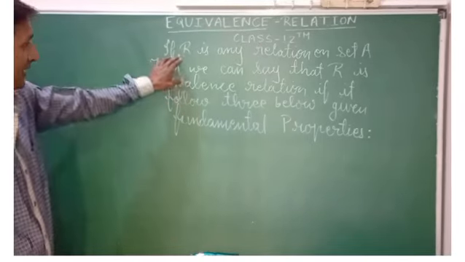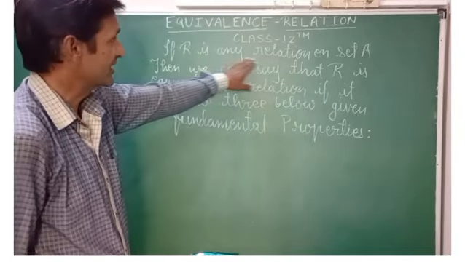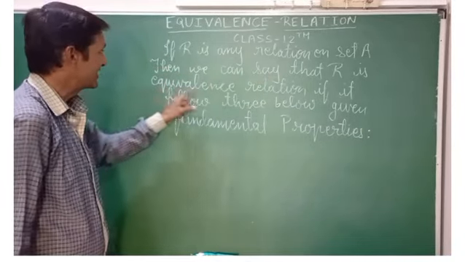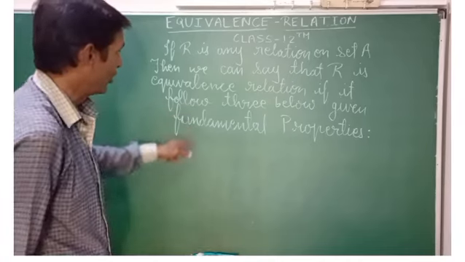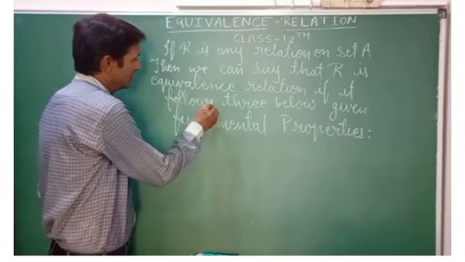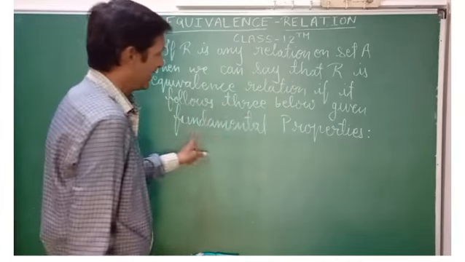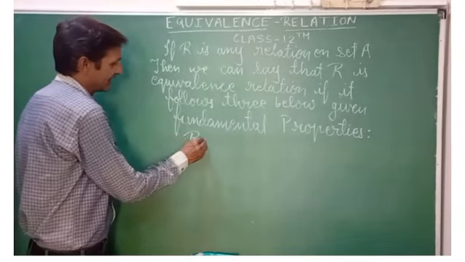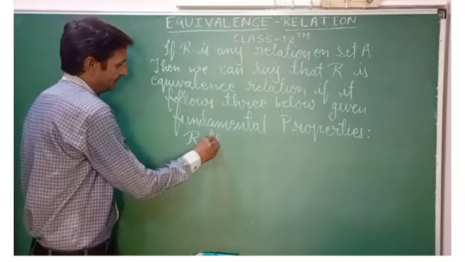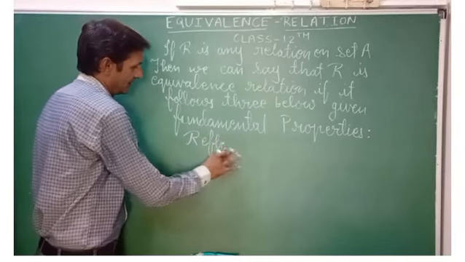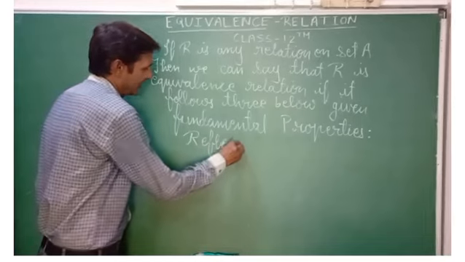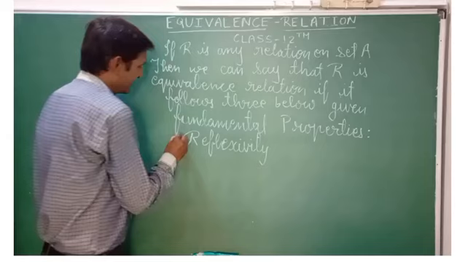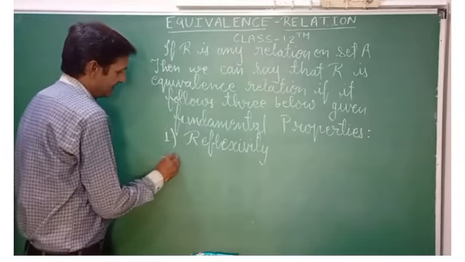R is any relation which is described on a set A. Then we can say that R is an equivalence relation if it follows three below given fundamental properties. One is reflexivity. Second is symmetry.